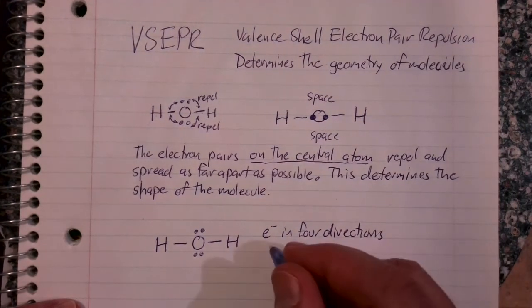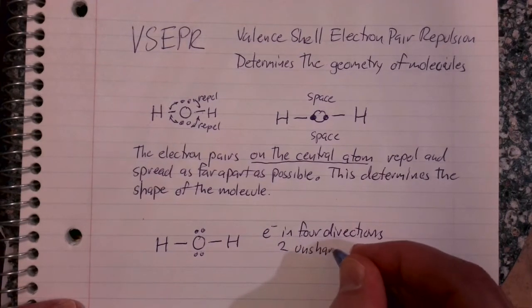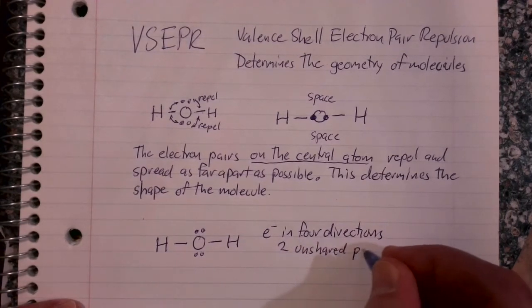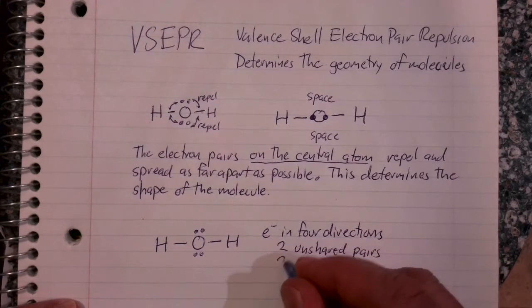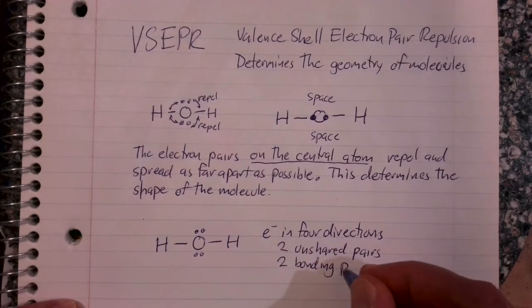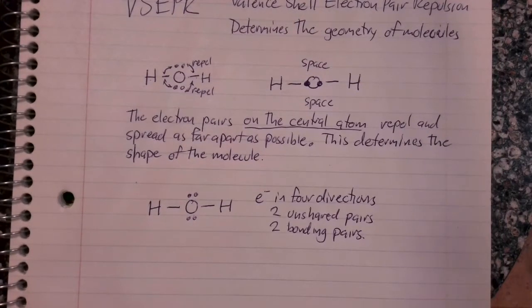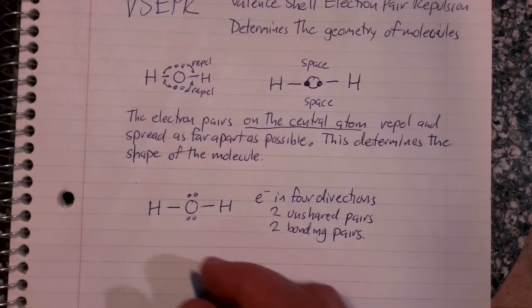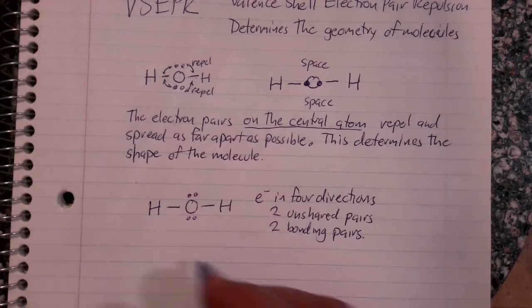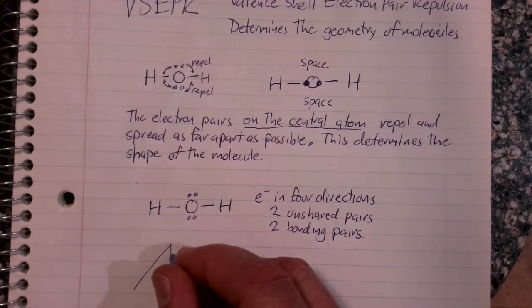Right? I've got two unshared pairs and two bonding pairs. Well, how do we spread four things around a central atom? Well, that's a little bit of a challenge. What we end up doing is we end up making a shape that looks a little bit like this, called a tetrahedron.